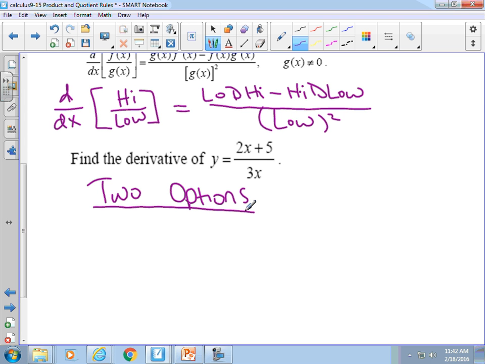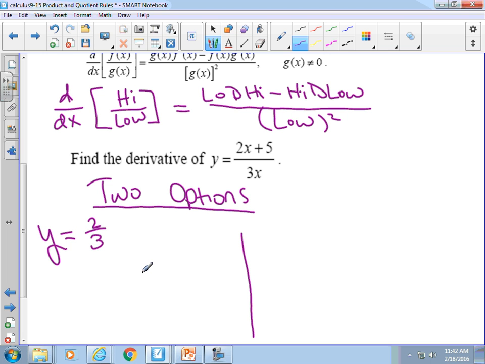I want to do this one first to remind you that just because we have a quotient rule doesn't mean we always want to use it. And then we'll do some that we have to do a quotient rule on. Do I have to use a quotient rule on this? Why not? I can divide it. In my AB calculus class right now, half of them, when they saw this, would do the quotient rule.